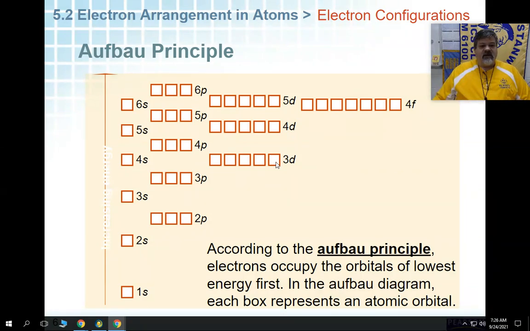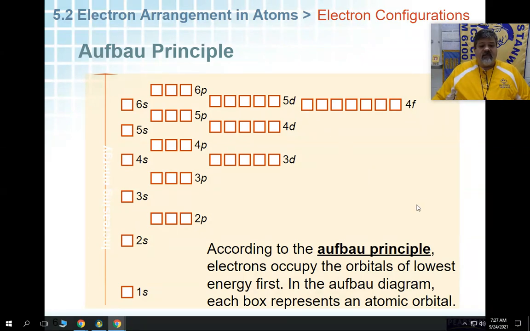I go here to the d, and I have 1, 2, 3, 4, 5 orbitals. If we notice the transition metals, there are 10 across there, so each orbital holds 2 electrons. And the f is the same thing. There's 7 orbitals across here, so there's 14 inner transition metals.